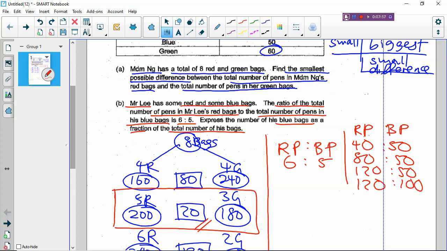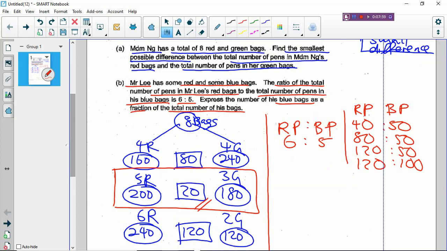Now the ratio is 120:100. In simplest form, divide by 20: you get 6 and 5. So you get the same ratio as in the question. Which means the red pens are 120 and the blue pens are 100.